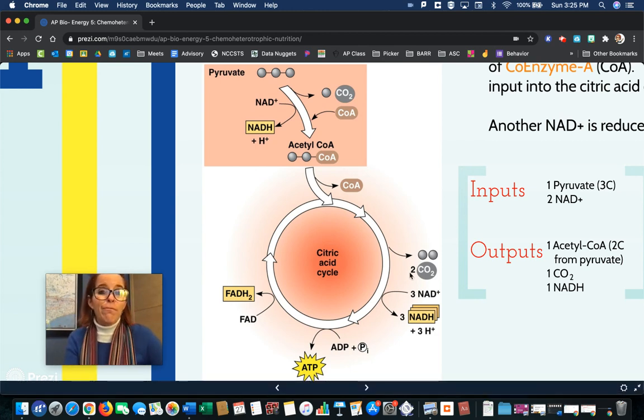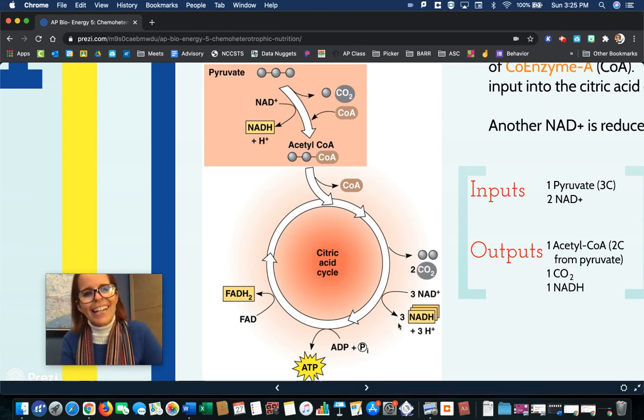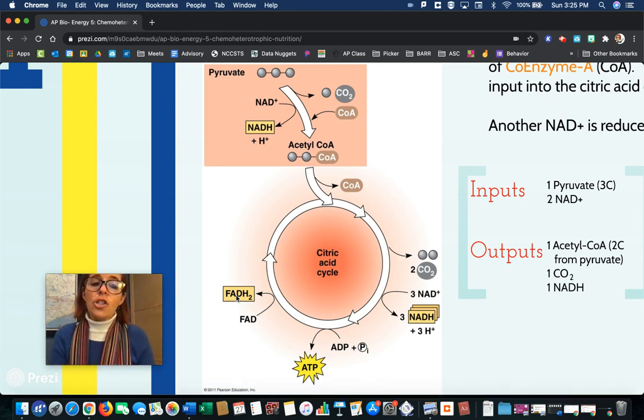So we would have made 4 carbon dioxides with 2 turns, and we would have made 6 NADHs with 2 turns, and we would have made 2 FADH2s. So remember that the NADH and the FADH2s, those are the electron shuttles, and they're going to be carrying the electrons to release the energy super, super slowly. So we'll see that in just a minute.